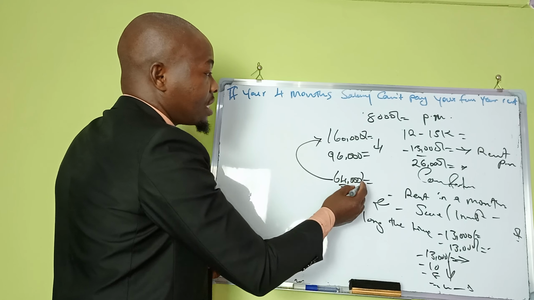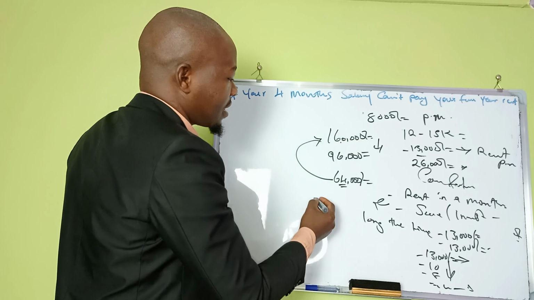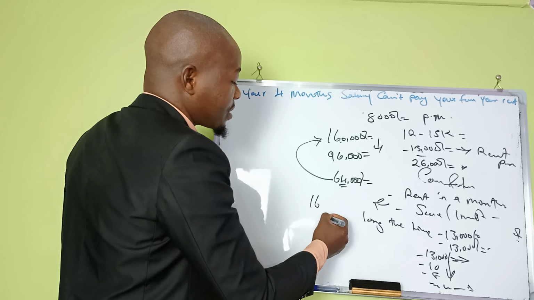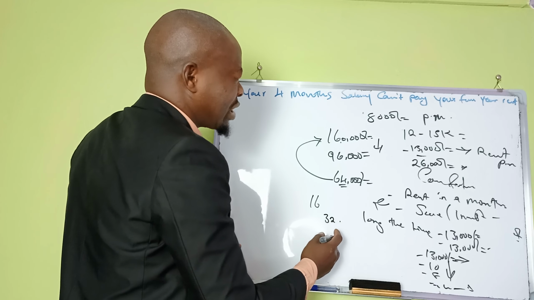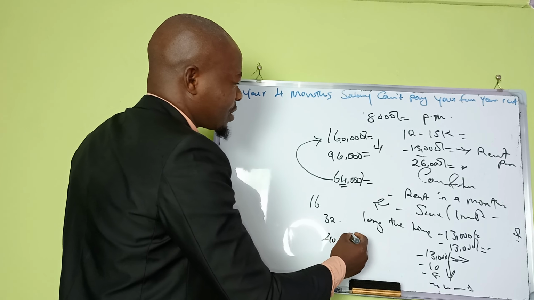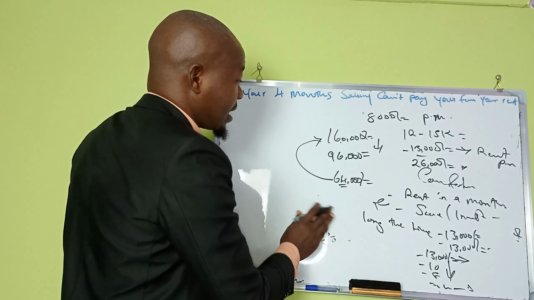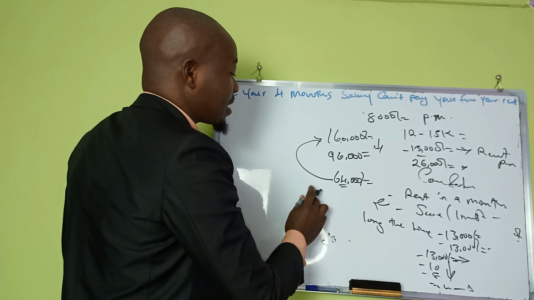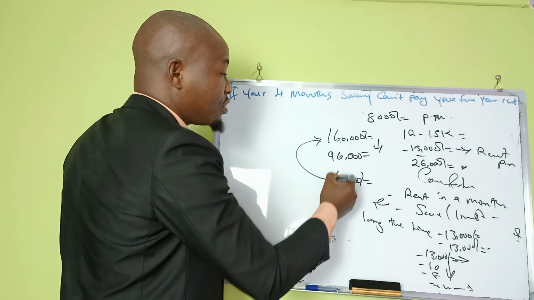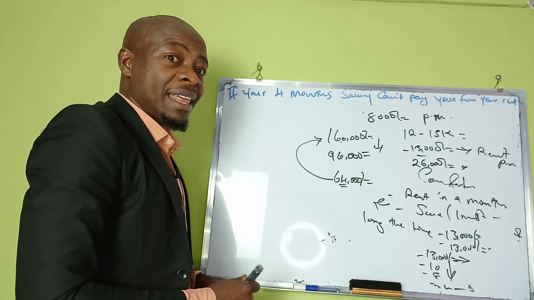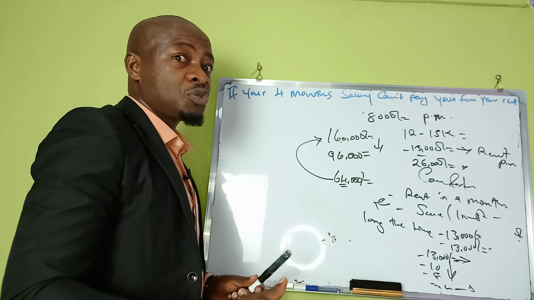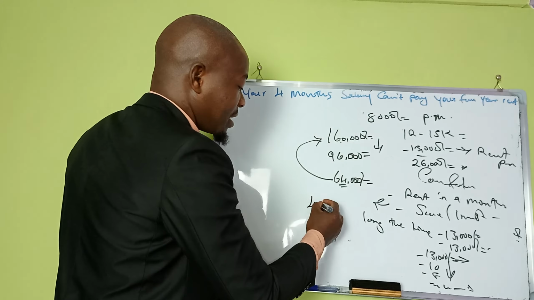What percentage is this? For instance, 10% of 160,000 is 16,000. So 20% is 32,000. So that means 40% is 64,000. Actually, it's 40%. So the gap between what you pay for your rent in a year, compared to what you earn in 4 months, is 40%.